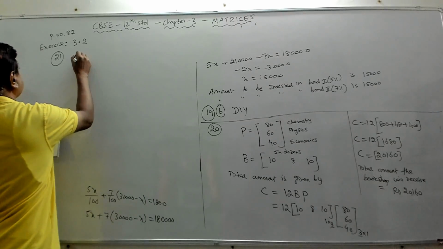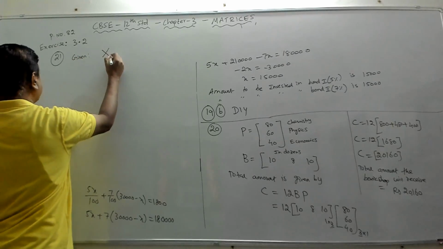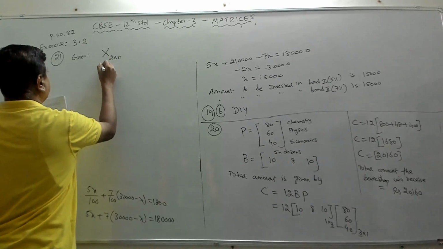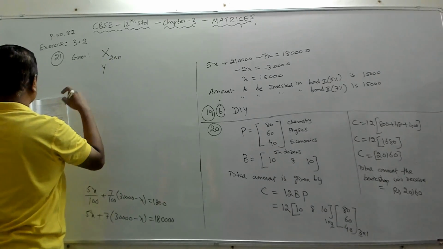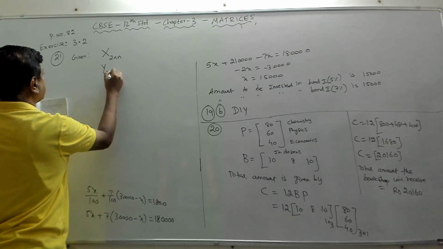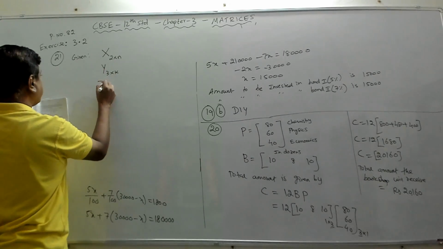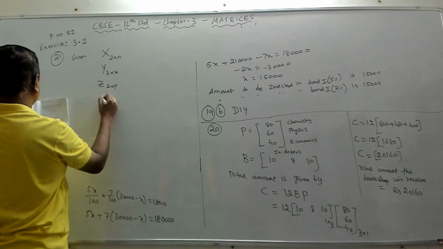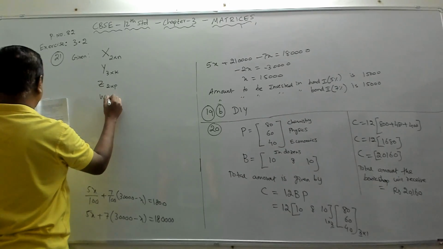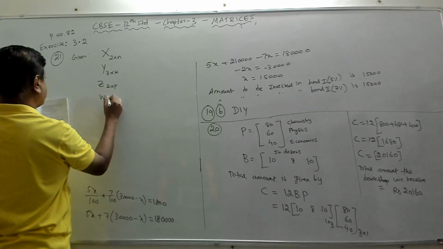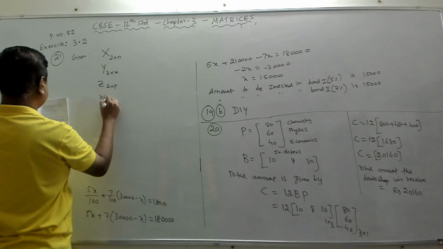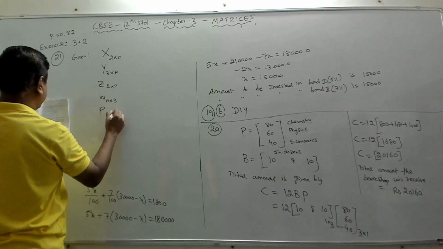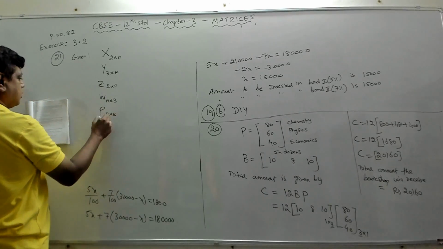The X matrix has order 2 cross n. The Y matrix has order 3 cross k. The Z matrix has order 2 cross p. The W matrix has order n cross 3. Then the P matrix has order p cross k.